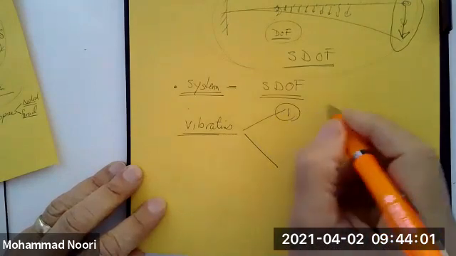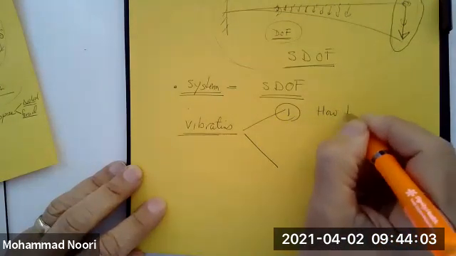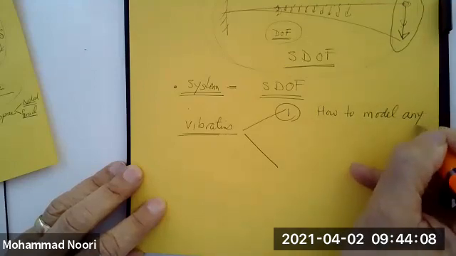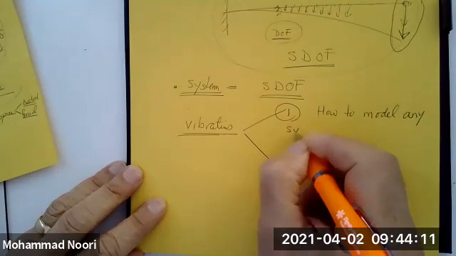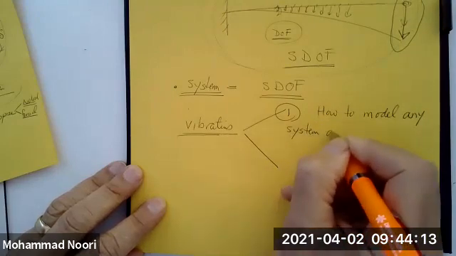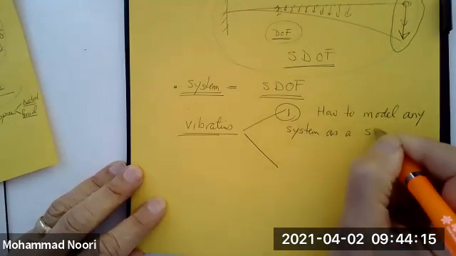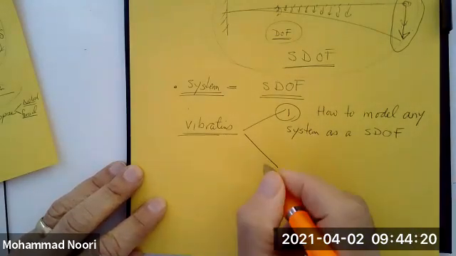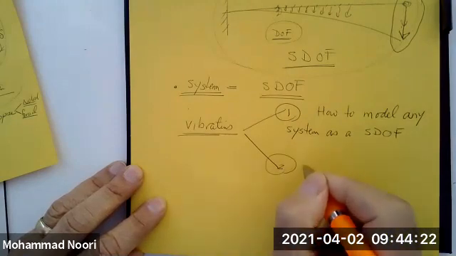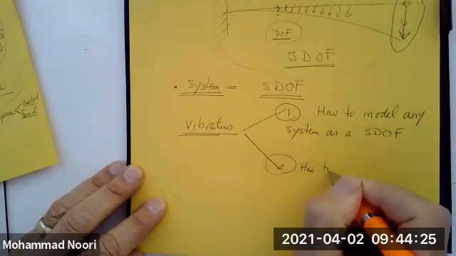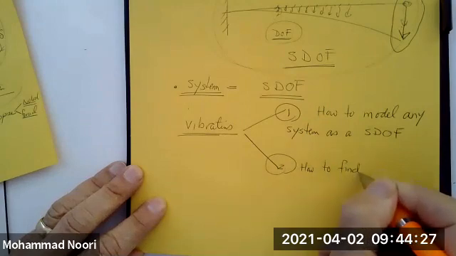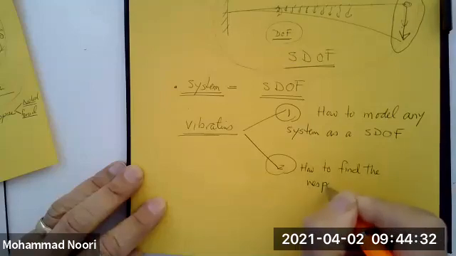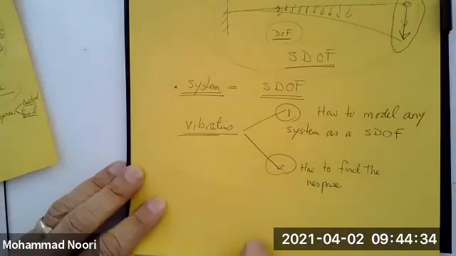One is how to model any system as a single degree of freedom system, and two, how to find or measure the response of this system.